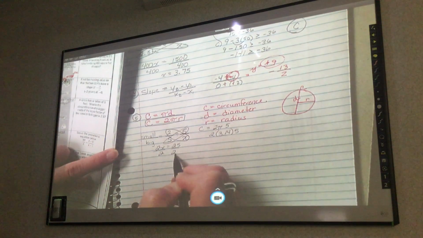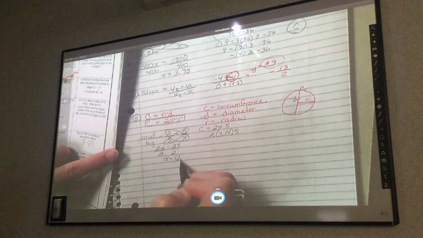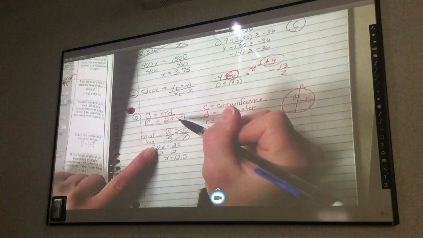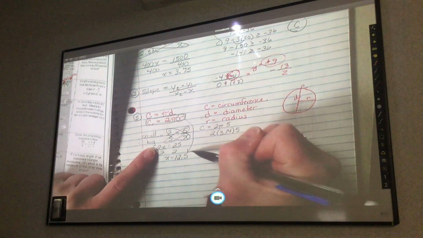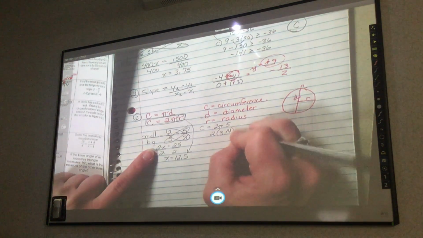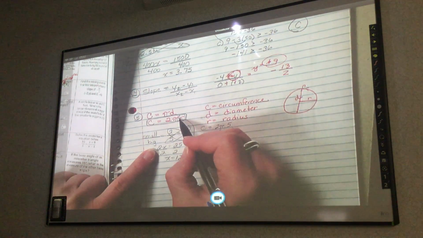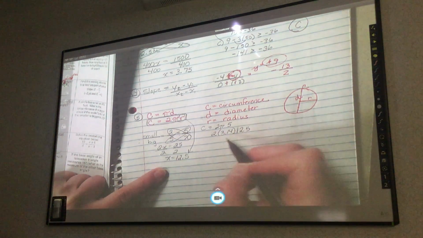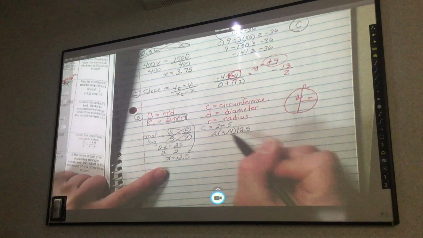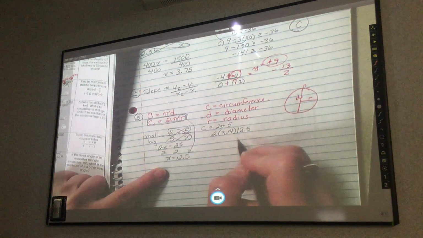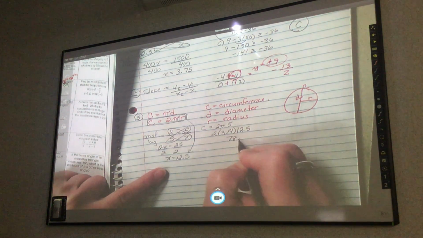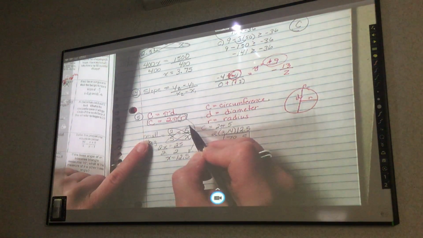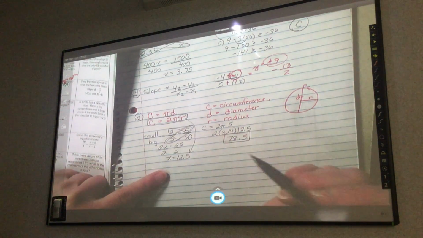Divide by 2, divide by 2. X equals 12.5. So the bigger circle has a radius of 12.5. So instead of taking it times 5 for my radius, it should be 12.5. And then I do 2 times 3.14 times 12.5, and I'd get 78.5. I first found the radius of the bigger circle.